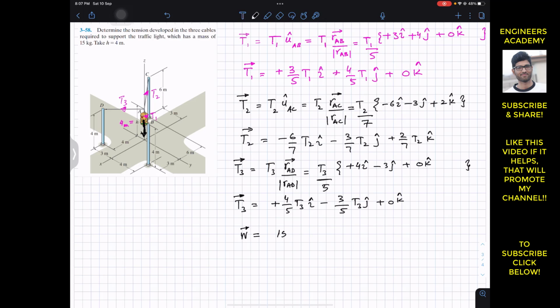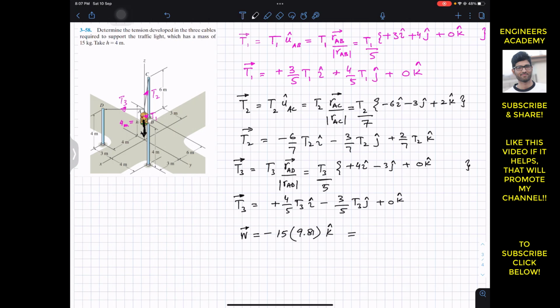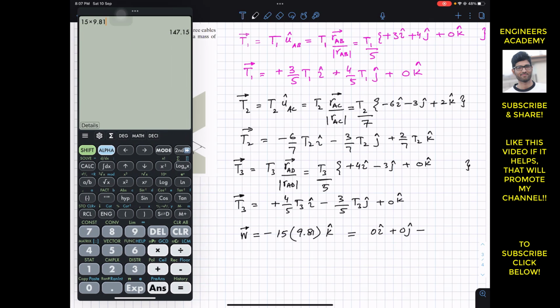So this will be 15 times g, which is 9.81, acting in the negative k direction. This gives me 147.15. So from this we can say that the weight has 0 component along i, 0 along j, and minus 147.15 in the negative k.